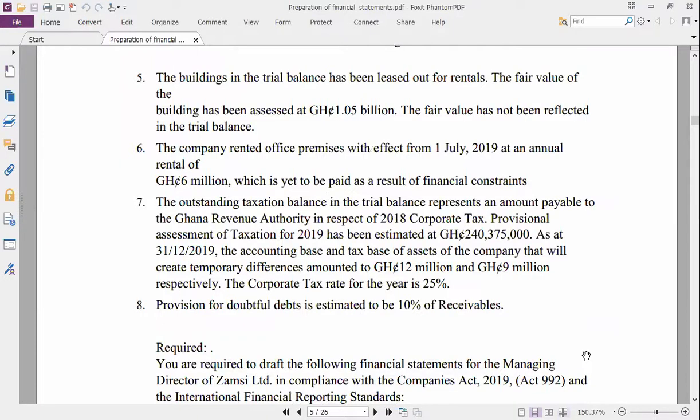It says that provisional assessment of taxation for 2019. That's the current year tax provision. If you don't see current year, they will quote the date for you, so you pick the year in question. Estimated to be 240,360. And this becomes what?